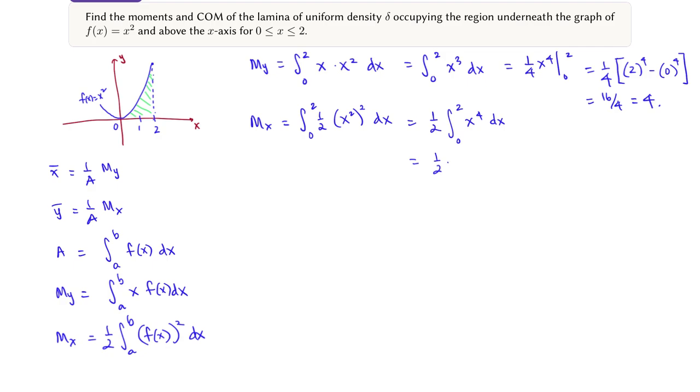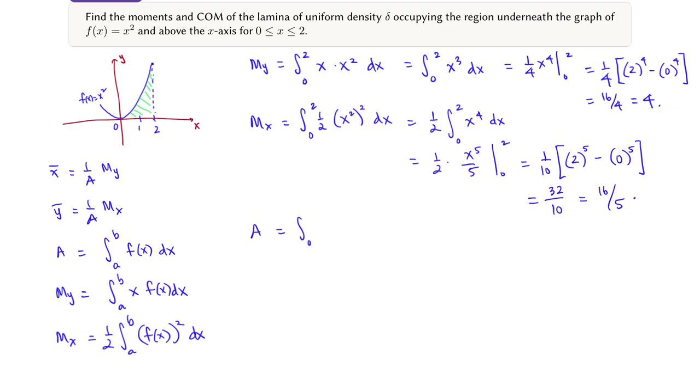The antiderivative of x to the 4th is x to the 5th over 5. And so it will give us 1 over 10 x to the 5th power. Using the fundamental theorem of calculus, we plug in 2 and we plug in 0 and evaluate them. We get 1 over 10 times 32, which is 32 over 10. Simplifying this, we have 16 over 5.